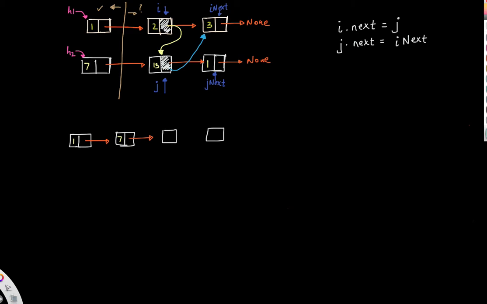This was a shade of green, so let's just get the same color. So this is going to be 2, and now I'm going to have at this end the element 13.